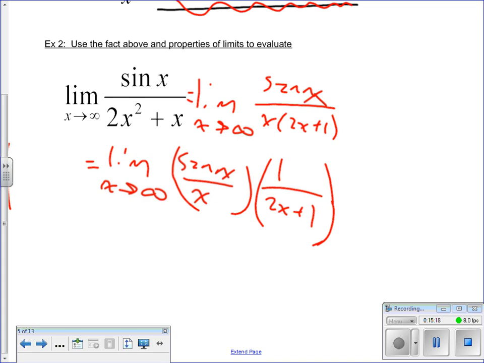And what's this? We already did that one, right? What's that? It's 0. So this one's 0.